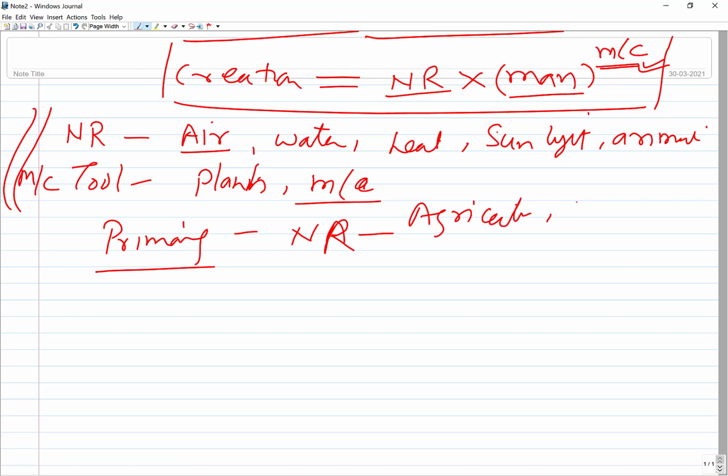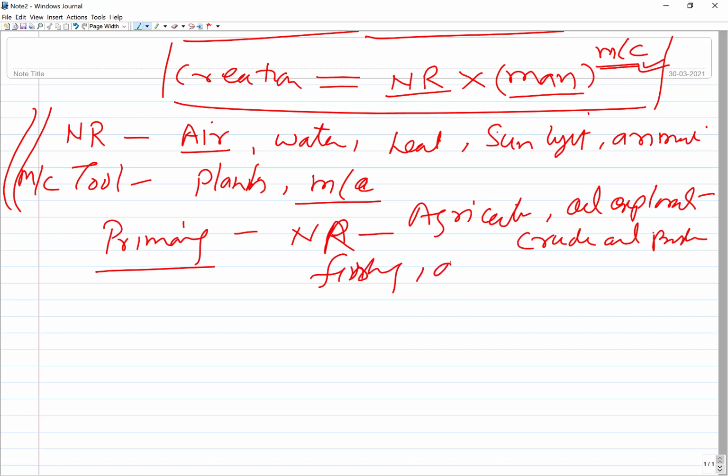Mining also has two parts. One is oil exploration, or the crude oil production, fishing, agriculture I have already written.